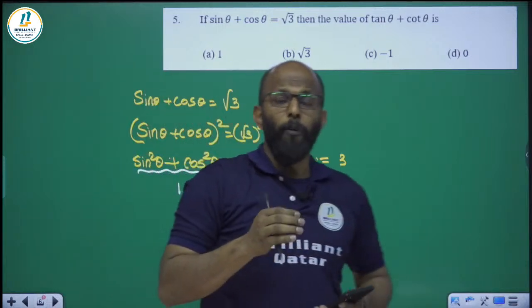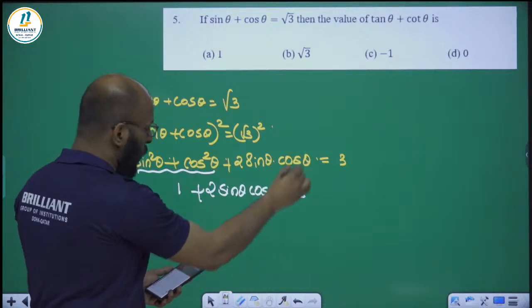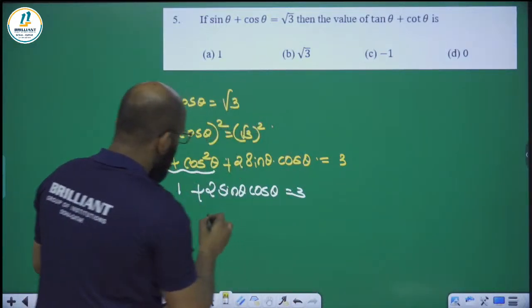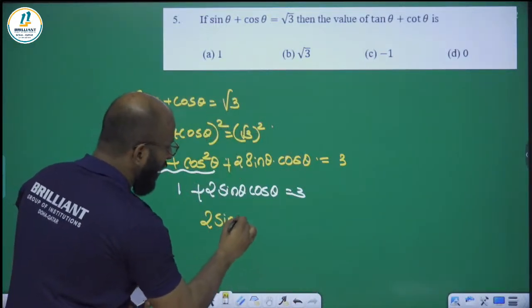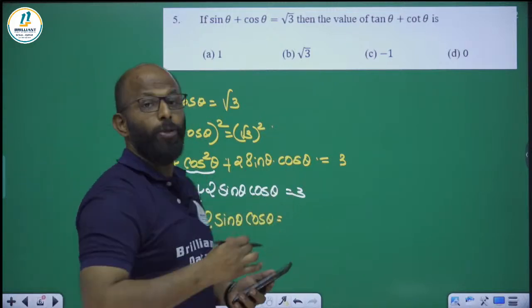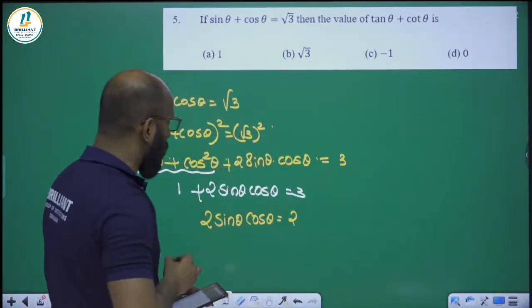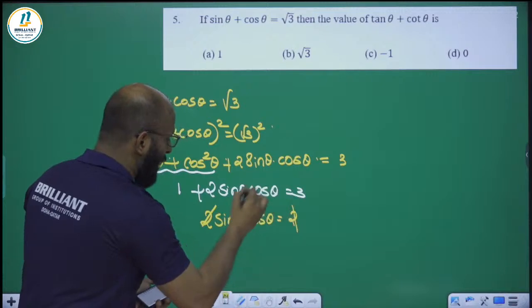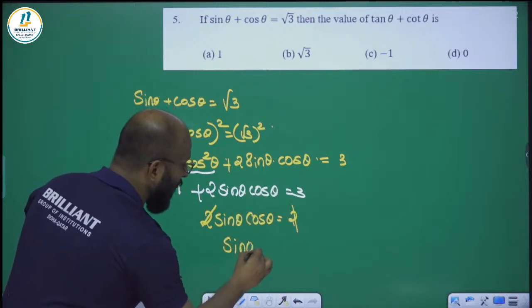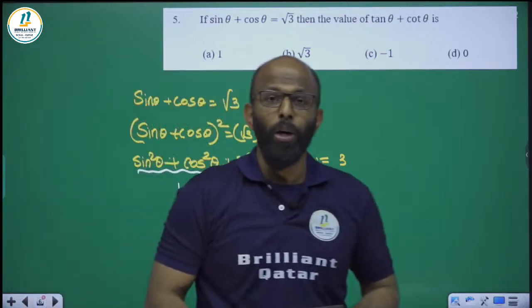Then taking 1 to the right side, 2 sin theta cos theta is equal to 3 minus 1, that is equal to 2. Now on both sides 2 I can cancel. I will get sin theta cos theta is equal to 1.